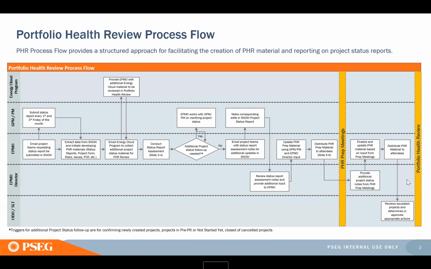And then after those meetings, any changes that need to be made will be made, and then they'll distribute the final material, which will go to the CIDO and the senior leadership team for a review meeting that is scheduled once a month.